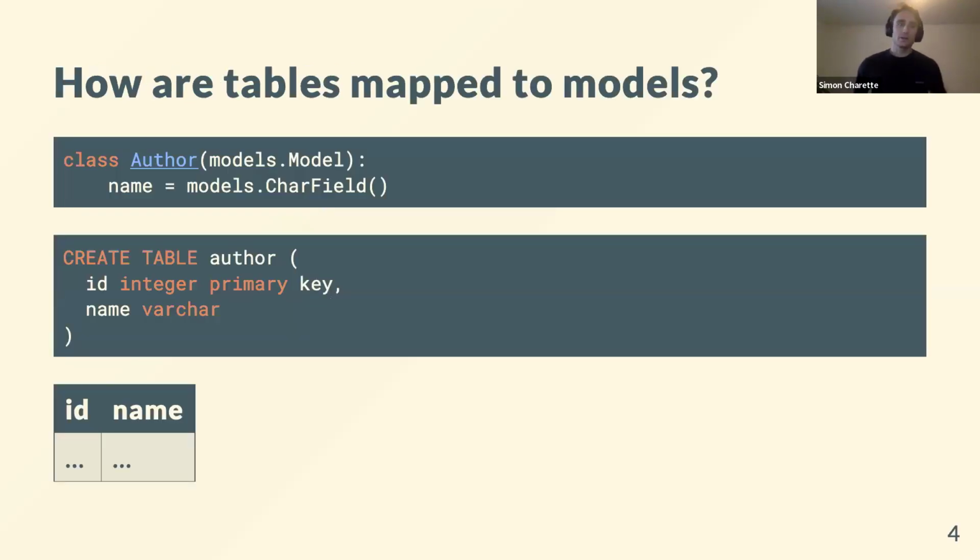So what does it look like concretely in the case of Django? If you define a model subclass, in our case the Author class here, and you define a field on it, when you run migrations for this particular model, Django will create a table for you. If you're not familiar with what an SQL table is, it's a way to represent data in a tabular form.